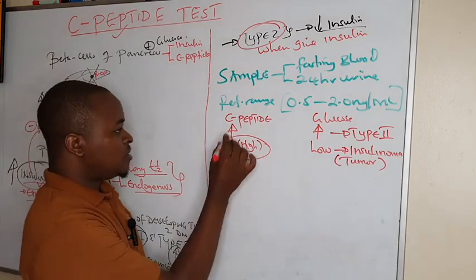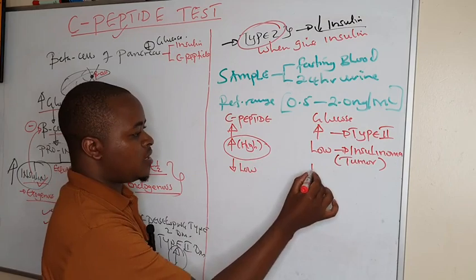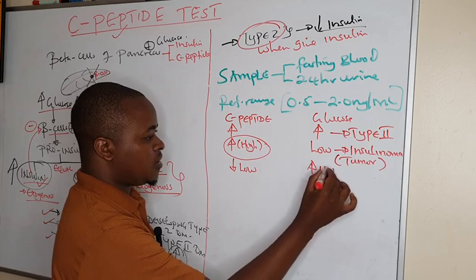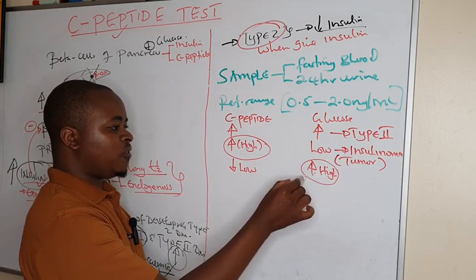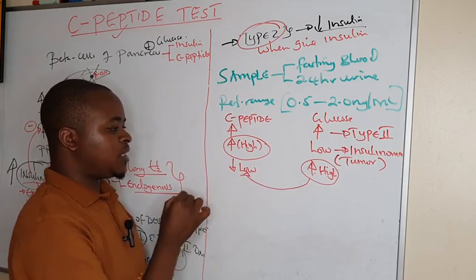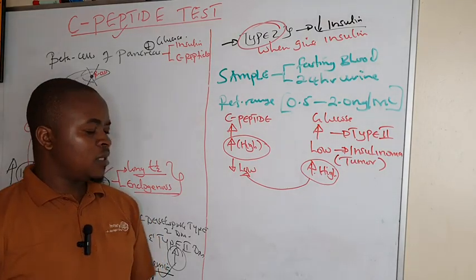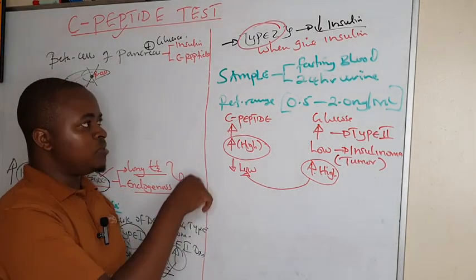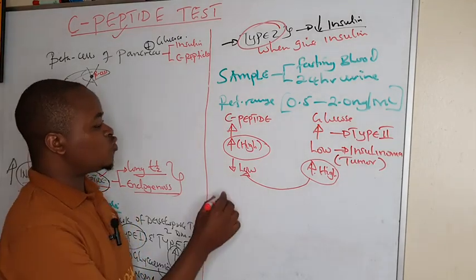And when I do the assay, I find there is low C-peptide and there is high glucose levels. High glucose levels should stimulate the beta cells to produce C-peptide and insulin. So by the time C-peptide is low, it means also insulin is low. And this one indicates there is destruction.